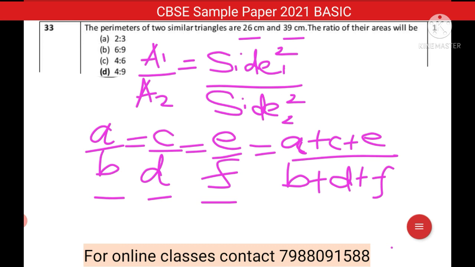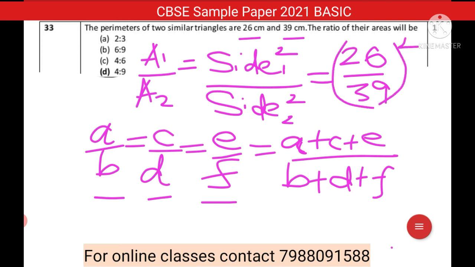Students, you must follow NCERT exemplar problem book, and I have made videos on all the chapters of NCERT exemplar MCQs. So you must watch them whenever you get time. So let's come back to the question. So since this is side 1 upon side 2 whole square and it is also equal to the ratio of perimeters, so I can say that it is equal to 26 by 39 whole square.